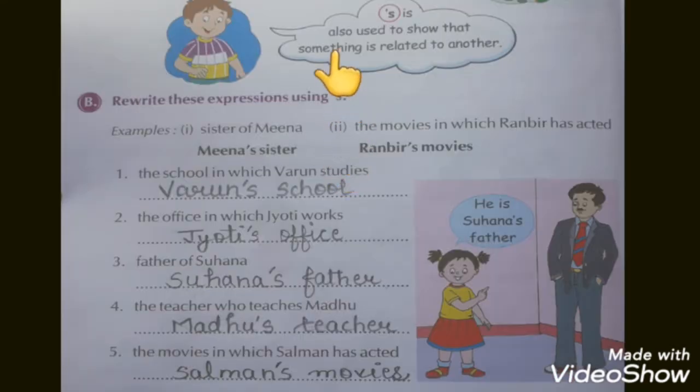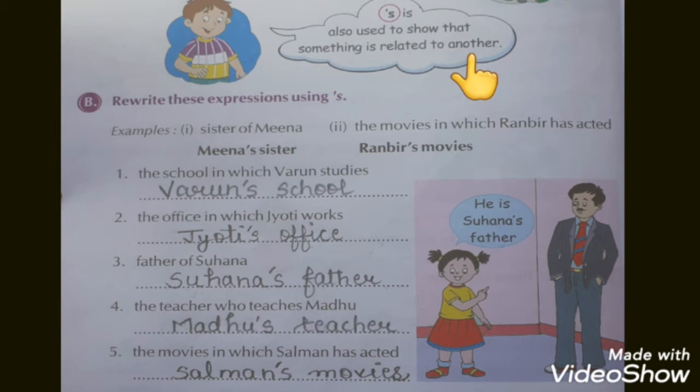Now my dear students, apostrophe s is also used to show that something is related to another, something which relates to someone or other thing. The one example I have given here is Nilesh is Rahul's brother.